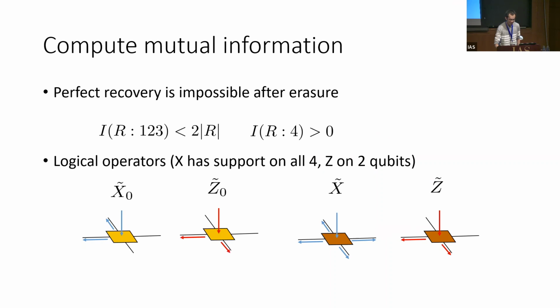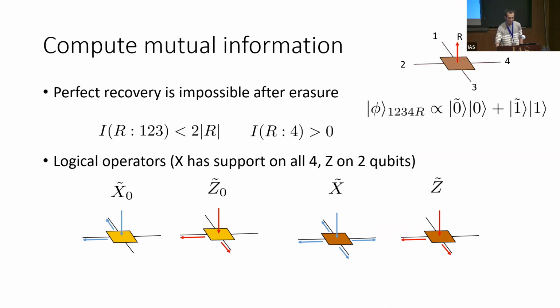You can also see this more quantitatively in the following way. I can, for example, entangle my codewords with a reference system, and the reference system is supposed to keep track of where the information that I care about is being distributed in this code.